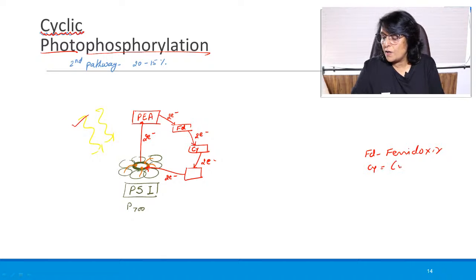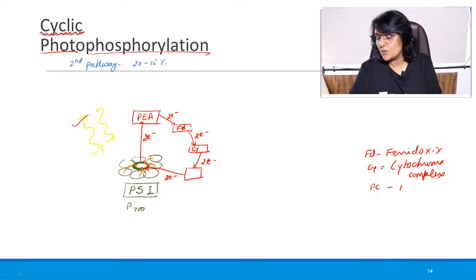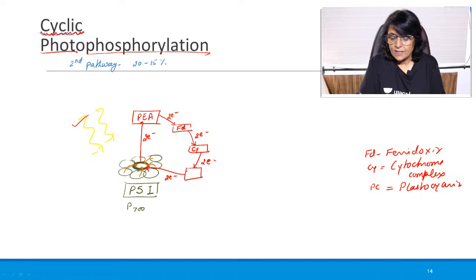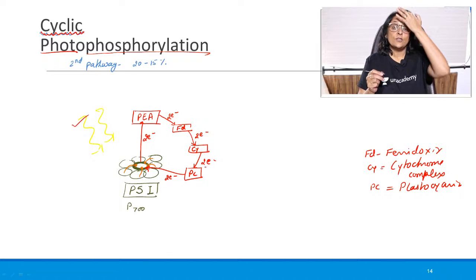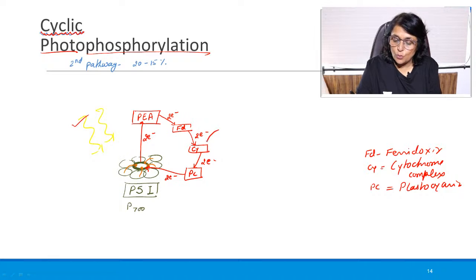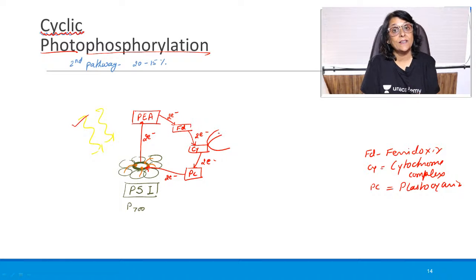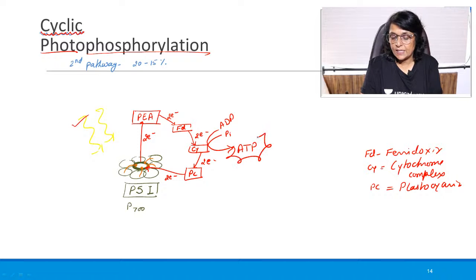CY stands for cytochrome complex, where ATP is synthesized, and then there is plastocyanin. So here is PC. Now when the electron is passing through cytochrome, the energy is released, and this energy will be used to add inorganic phosphate to ADP, and what will be synthesized is ATP.